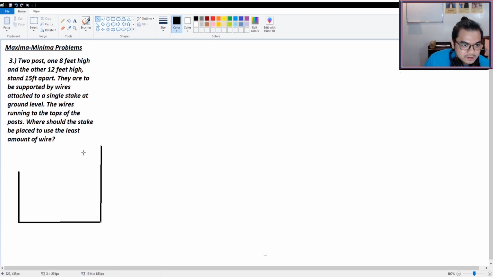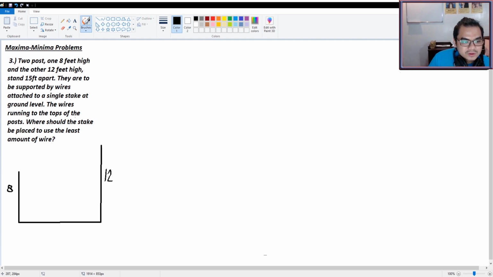It should be higher, right? So the first one is 8, the other one is 12, and they are 15 feet apart. So this is the first post, 8 feet, while the other one is 12 feet.